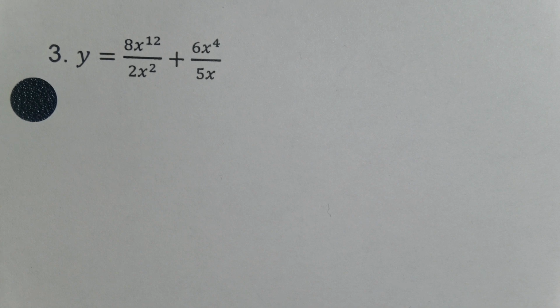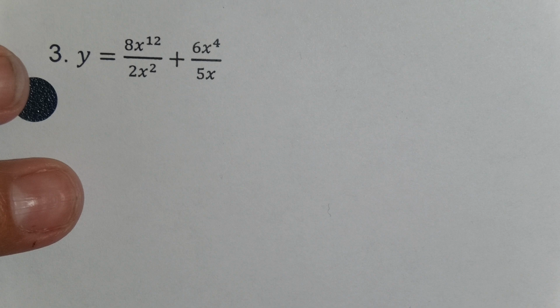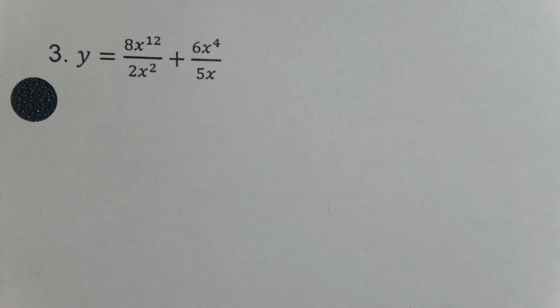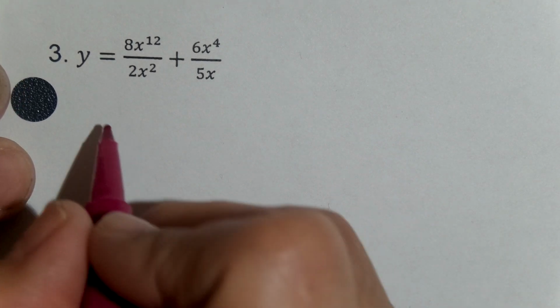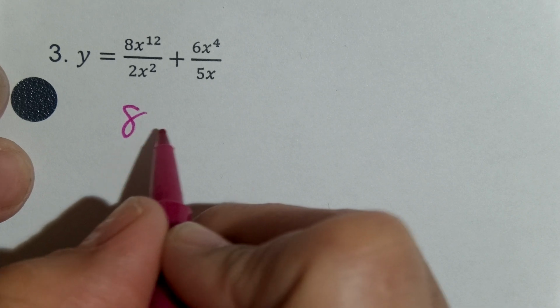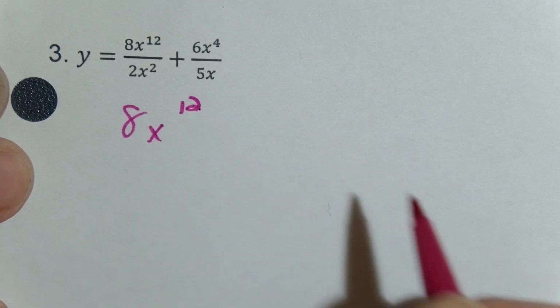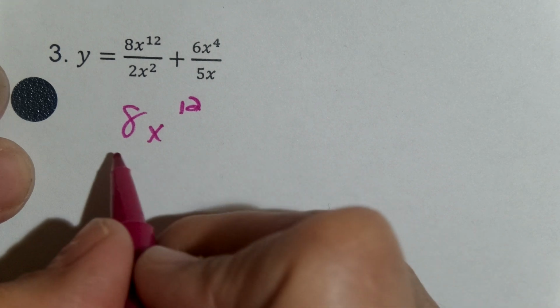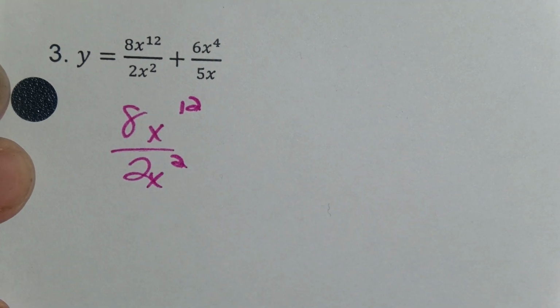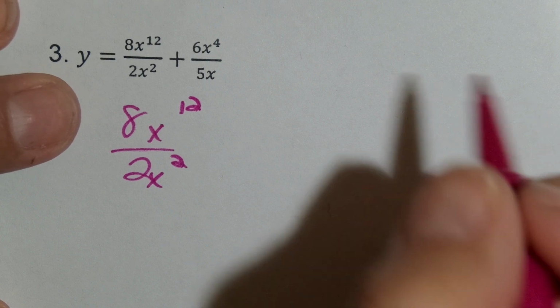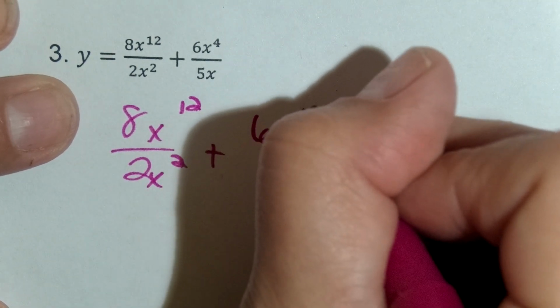Brian again. I think you rewrite the equation. Okay, how do I do that? So like a x, and then the exponent is 12, and the bottom 2x is 2, and then plus 6x to the 4, and then bottom 5x.